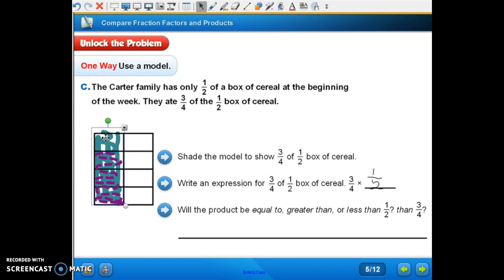Yes. Less than half. And then is the purple part less than 3/4? It's not 3/4 of the pie. Oh, it's less than. The product will be less than either factor.